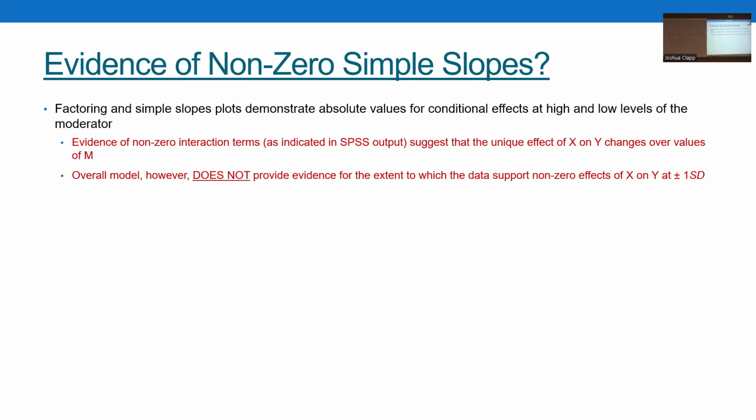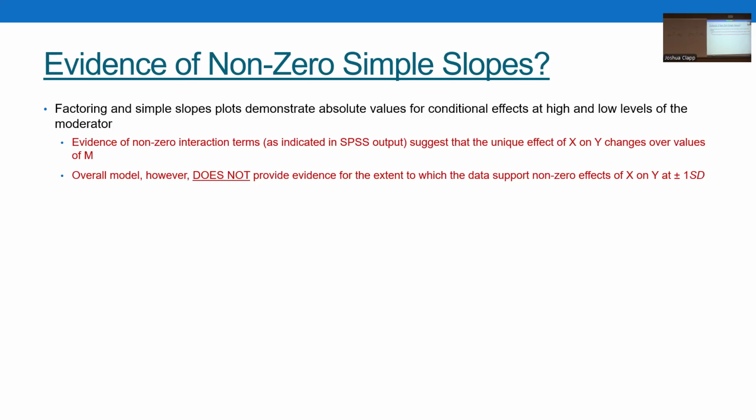And again, when I'm going through and doing this, if I have evidence of a non-zero interaction term, right? If I look at SPSS and I'm seeing that the interaction term has p less than 0.05, it's significant. This by definition gives you evidence that the effect of X on Y changes across values of your moderator, okay?